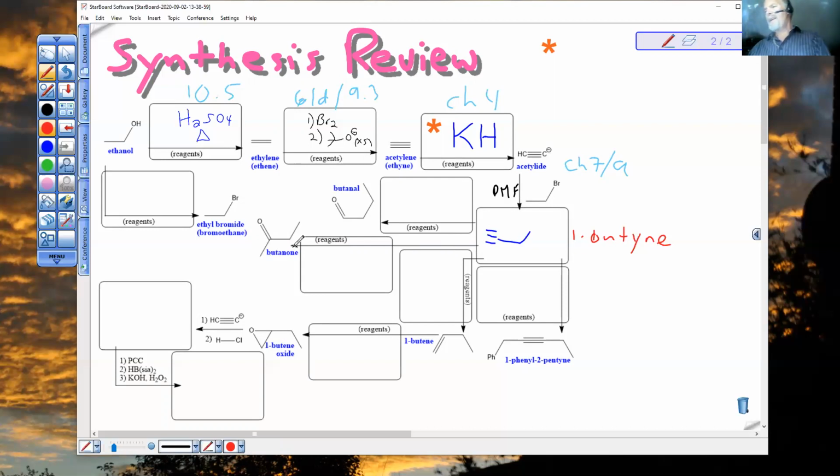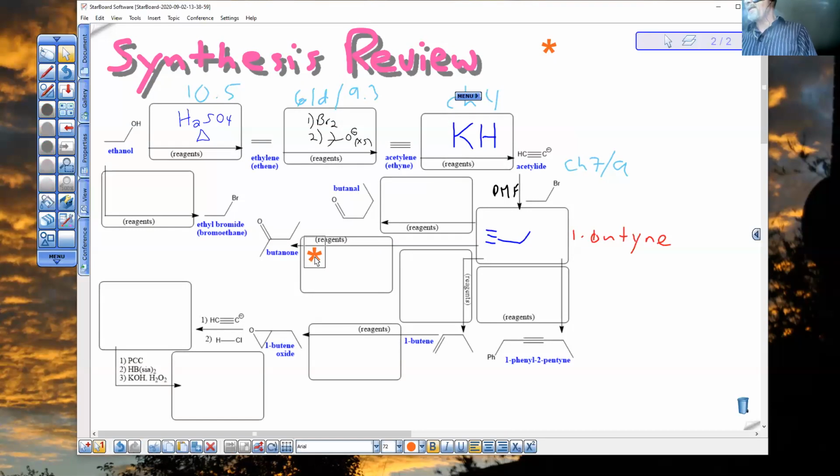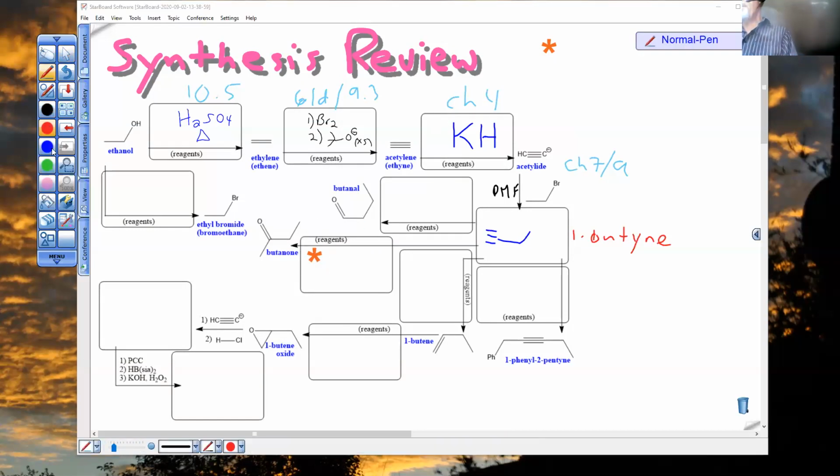The remainder of today's lecture, we're going to just do mechanisms for all these steps, so you remember how these things work. That was the one where we had to use a mercury. So we're now here working on this box. We had to use mercury, a mercury 2 plus ion in the form of mercury 2 sulfate.